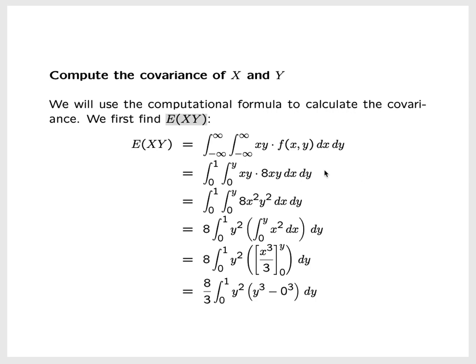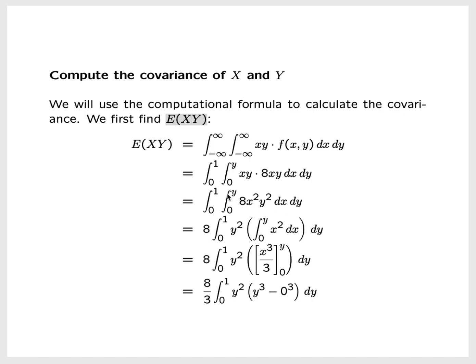We're integrating the function x times y times the PDF over the entire two-dimensional plane, and that simplifies to the integral of x times y times 8xy over the region where y varies from 0 to 1, and for a particular value of y, x ranges from 0 to y. Then we can just go about evaluating this double integral in the usual way.